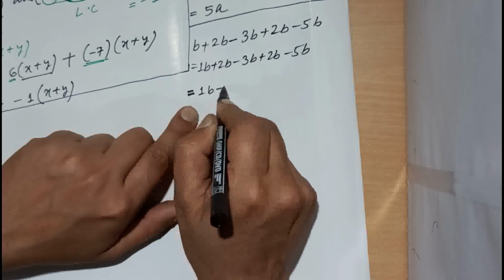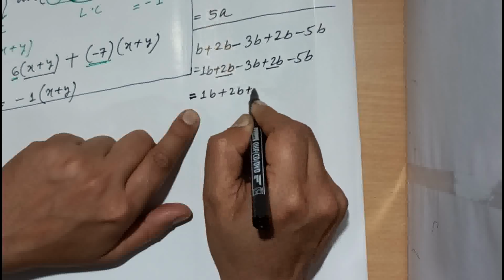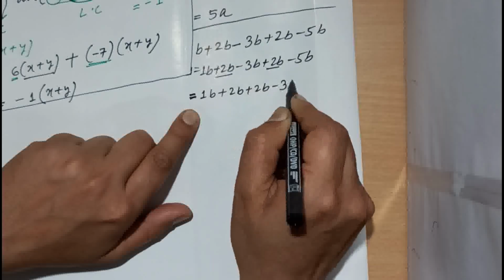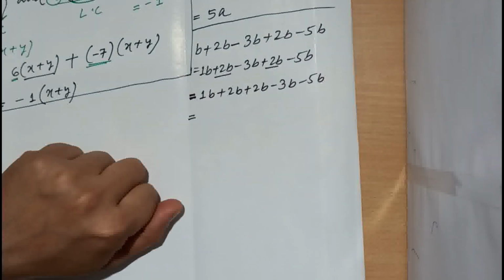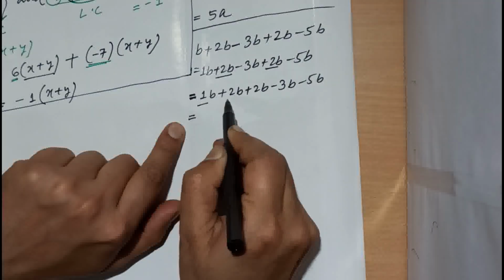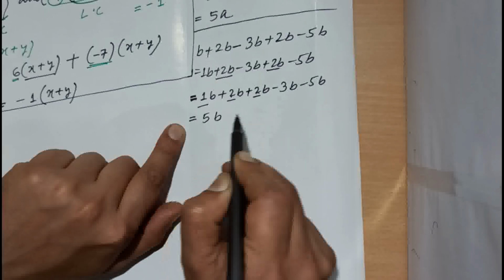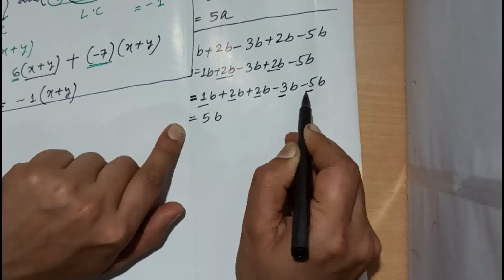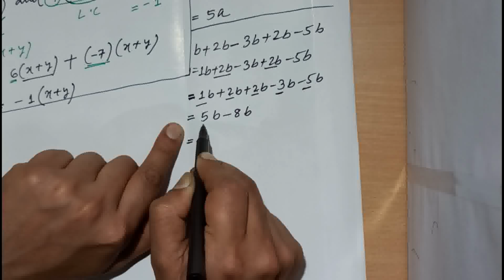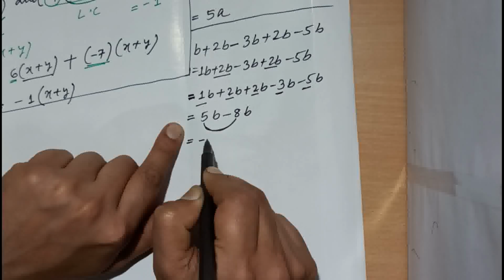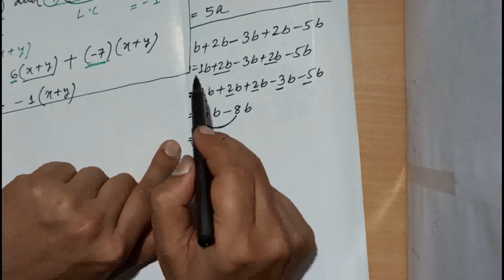So 1b and this is positive 2b, this is again positive 2b. After that minus 3b and minus 5b. Now 1 plus 2 plus 2 is 5b, and minus 3 and minus 5 will give you minus 8b, and ultimately 5 and minus 8 will give us minus 3b.